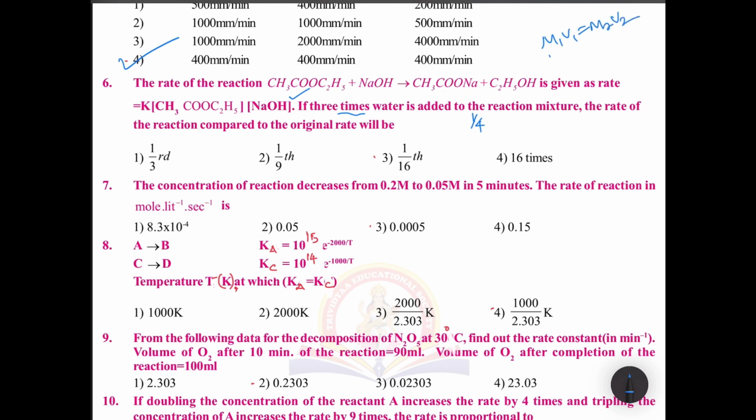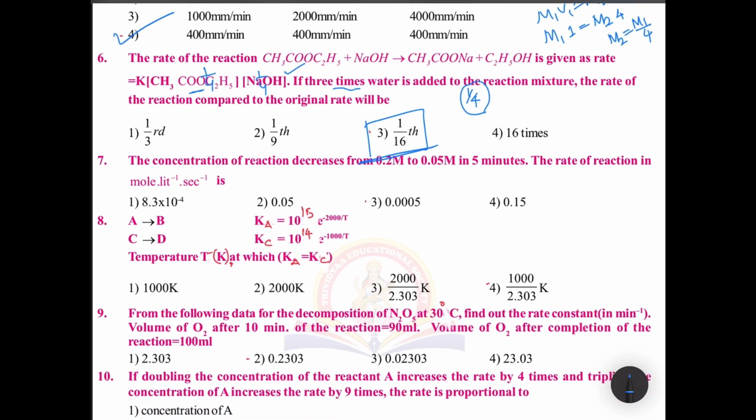Let us say initial concentration is M1, V1 is 1 liter, V2 will become more, extra 3 times of water is added, so volume will become 4. So final concentration M2 is equal to M1 by 4. Means it becomes 1 by 4 times. Then the rate of the reaction compared to the original rate is, this is becoming 1 by 4, this is becoming 1 by 4, so it becomes 1 by 16.